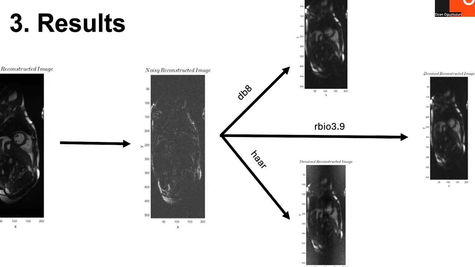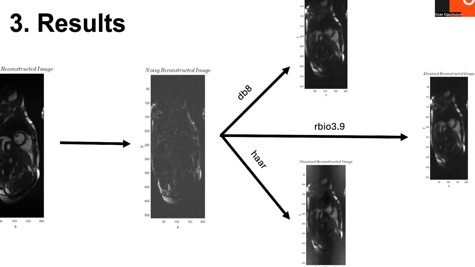We used three different noise levels, 0.1, 0.5, and 1 SNR, for all wavelet functions that we used for denoising. Here you can see the original reconstructed image when noise is added.